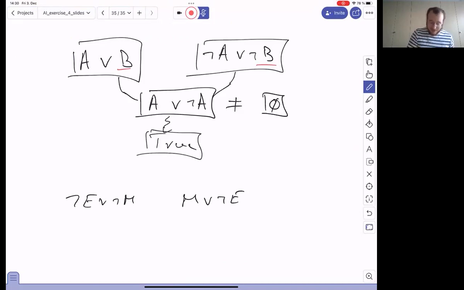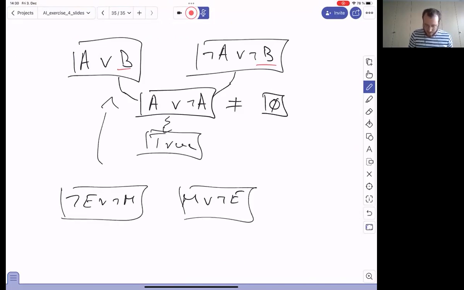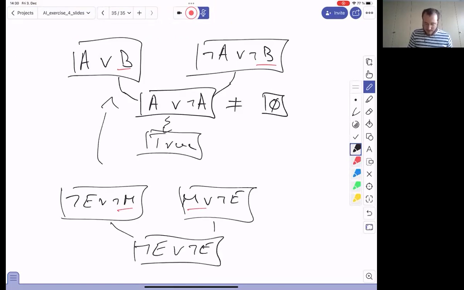Okay, it's a bit different, but it's the same here. So you can only cancel one thing, and the only thing that you can cancel here is actually this thing. And so it becomes not E or not E, and this does indeed simplify to not E. Yes, that's actually a good question.